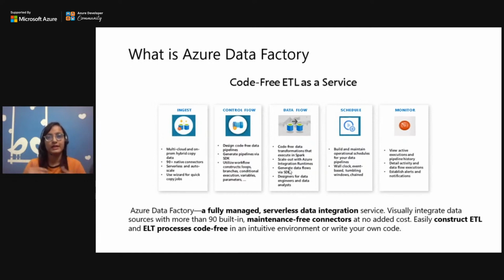It could be daily data, or you could get your data multiple times in a day. So you have four or five different scheduling options: manual triggers, tumbling window, schedule trigger, custom event, and storage event triggers. These are the different scheduling options available in Azure Data Factory.